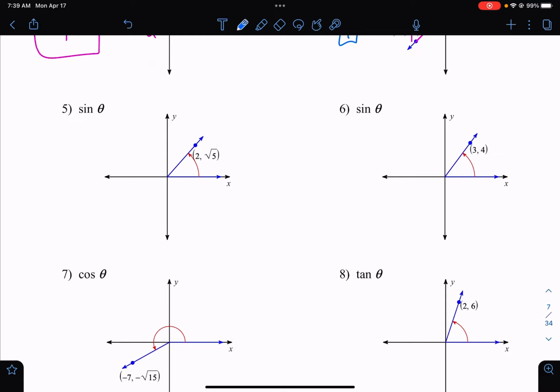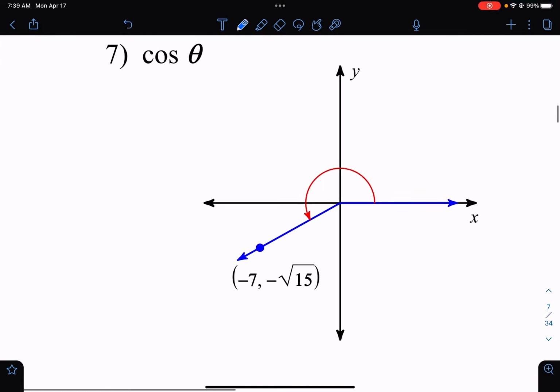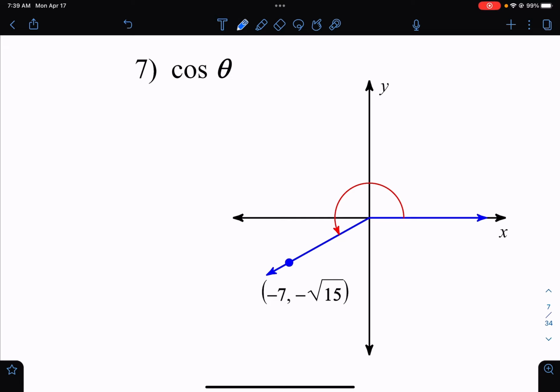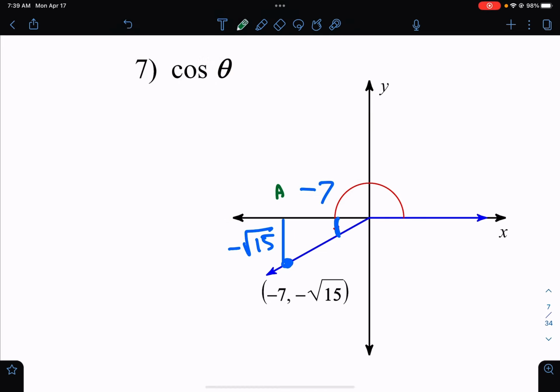Why don't we do one more together? Let's try this one. They're asking for cosine of theta, so we draw on our triangle. This is our theta. Remember, think about how you created this dot here. We went -7, -√15. For this one, we do need to use the Pythagorean theorem because we need adjacent and hypotenuse.